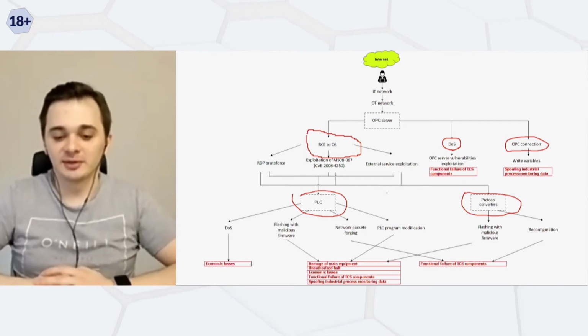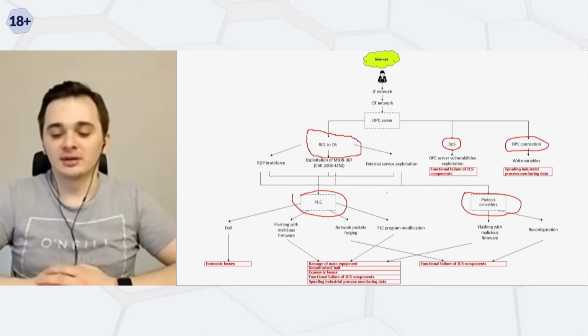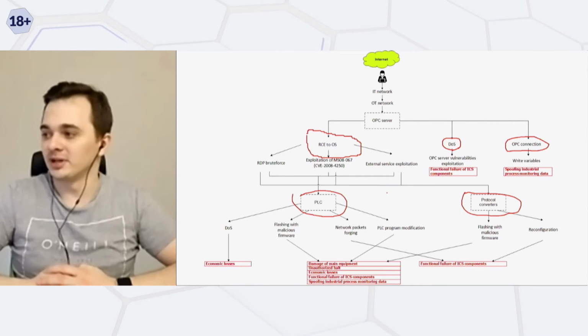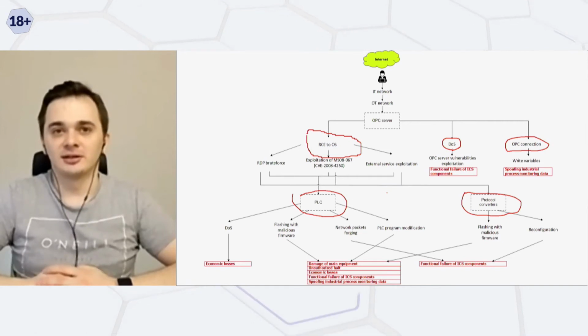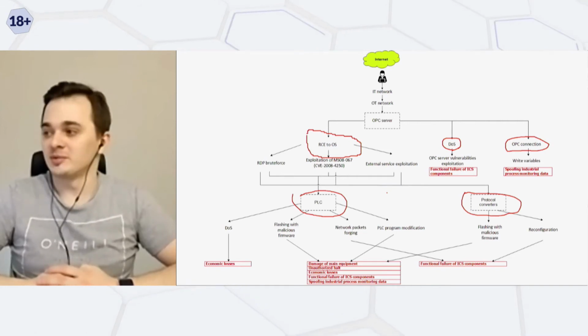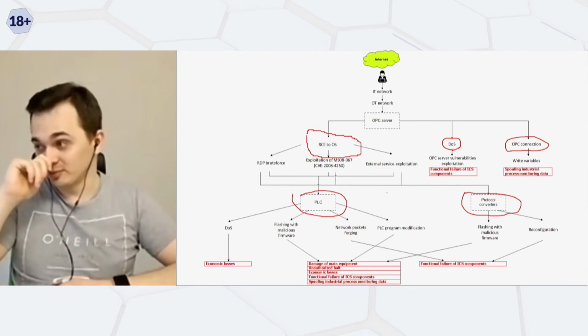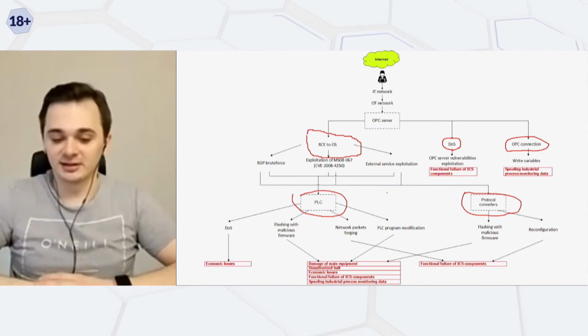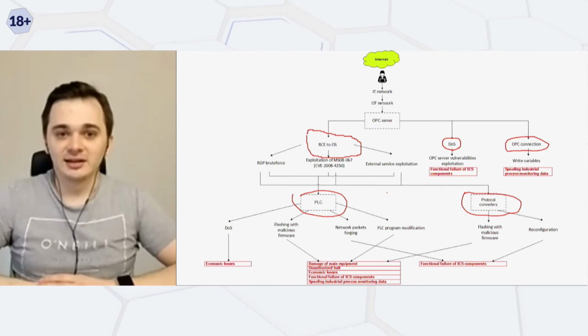And in this case, we also had the so-called protocol converters, which are converting the PLC protocol into the protocol that can be understood by the SCADA system, PLC to SCADA.